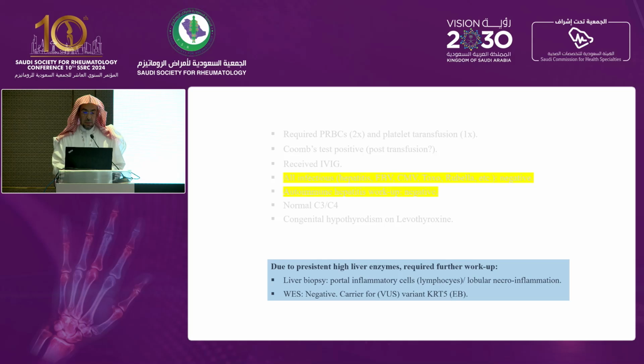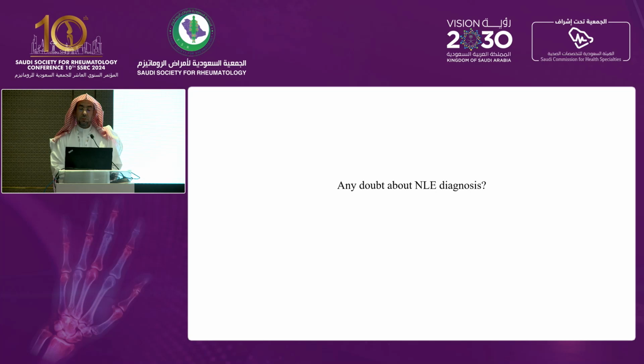So is there any doubt about the diagnosis of neonatal lupus at this stage? Okay. Just to remind you about neonatal lupus, I know you know it better than me. The major manifestations are cardiac, cutaneous, cytopenia, and high liver enzymes, in maybe up to 20% of those cases.